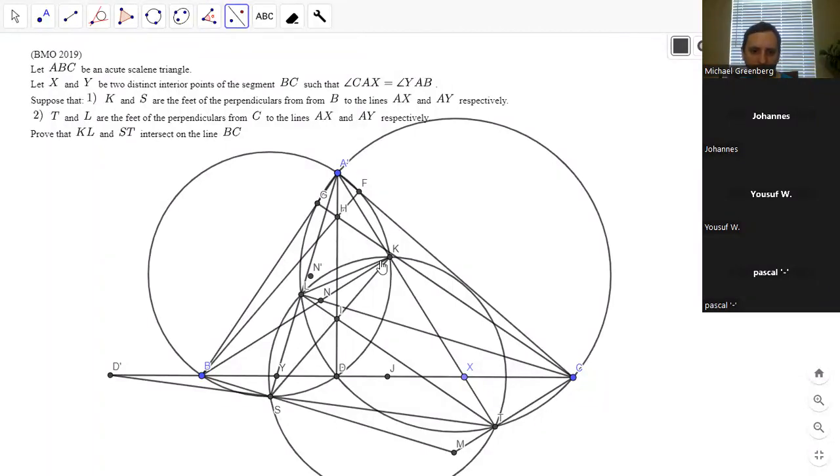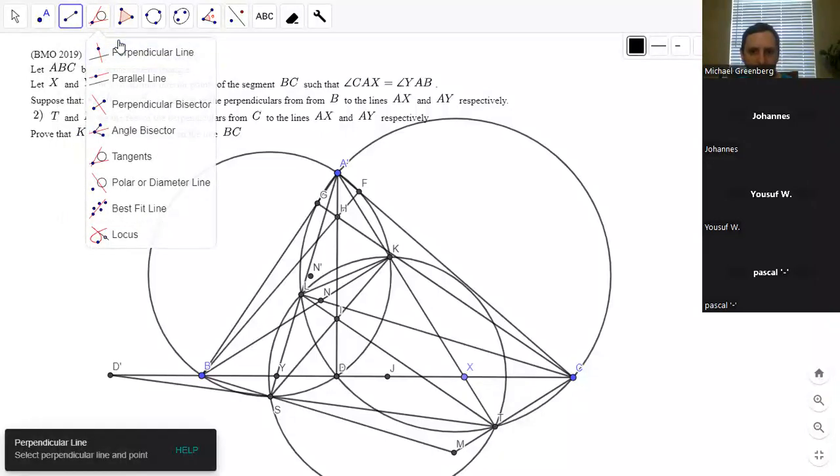So ILK, IST are similar. But we don't know with respect to what angle they are supposed to be isogonal. I don't get it. Yeah, I'm not sure. ILK.